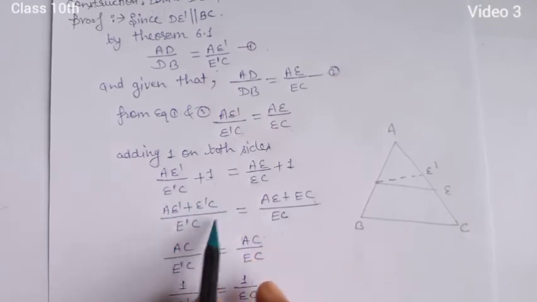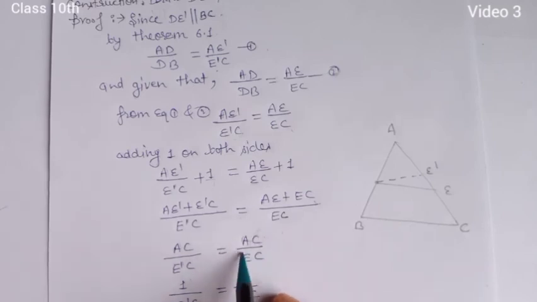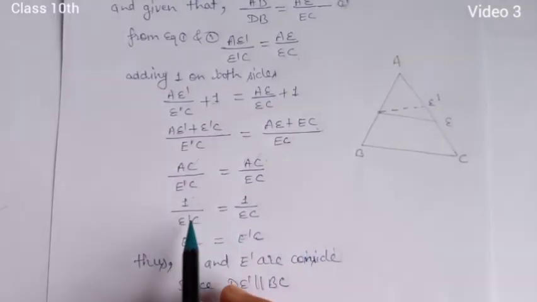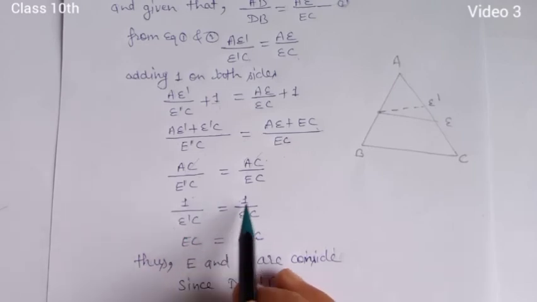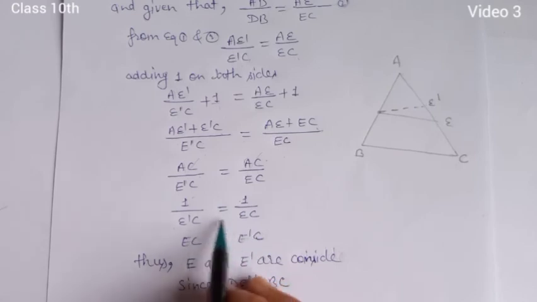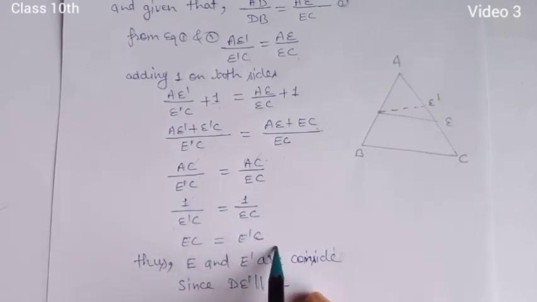So we can write the whole terms in the form of AC/E dash C and AC/EC. Students, AC is on both sides, so we can cancel it. AC is cancelled with AC. Only the term left is 1/E dash C equal to 1/EC. Now by cross multiplication, EC is equal to E dash C.